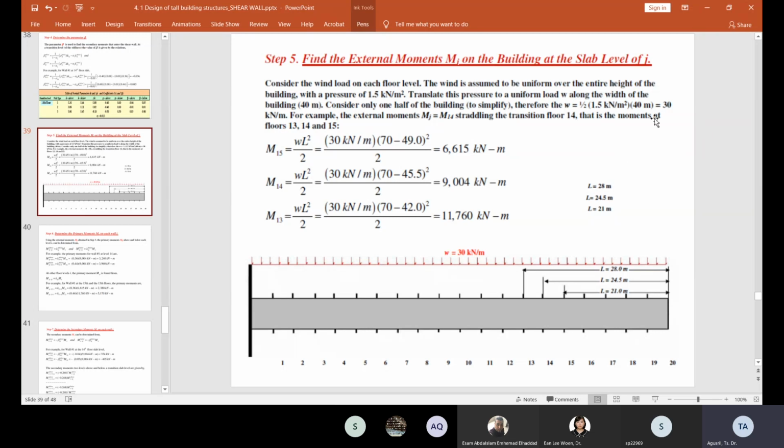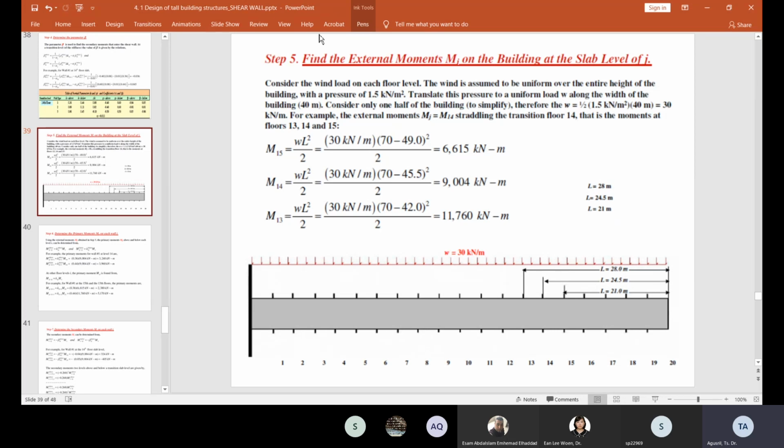Because the width of the building is 40 and we have symmetry, meaning the half of the building only, we multiply by half and then multiply with the wind load 1.5. From this we have a distributed load of 30 kilonewton per meter applied to the building.